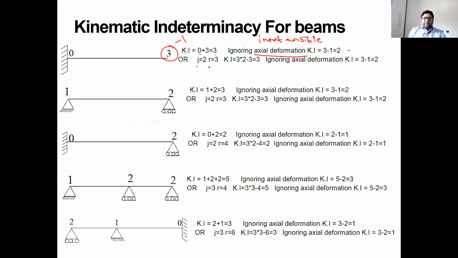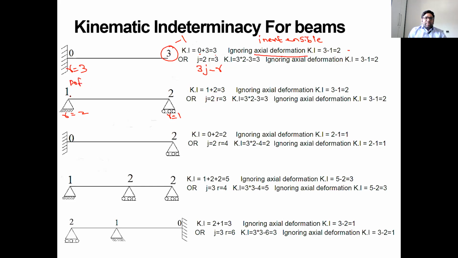Or you can do it with 3j minus r. So here you have 3 reactions, r is equal to 3 here. You can do both the ways. And next example, you have pinned. So for pinned, r is equal to 2, and for roller, r is equal to 1.